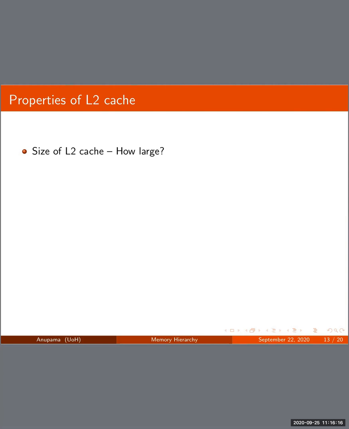And Krishna says 1.5 to 2 times the size of L1. Essentially, does it mean that it should be much bigger than L1? And if so, why?